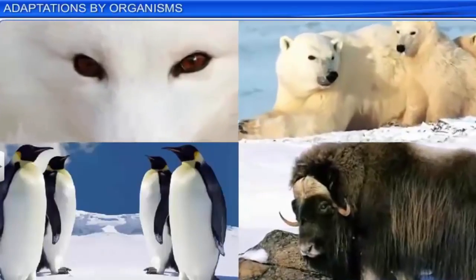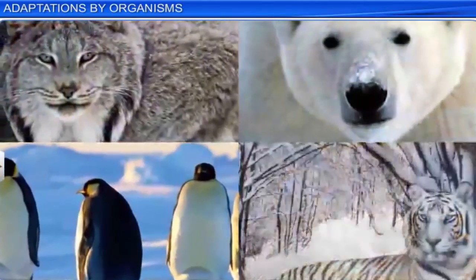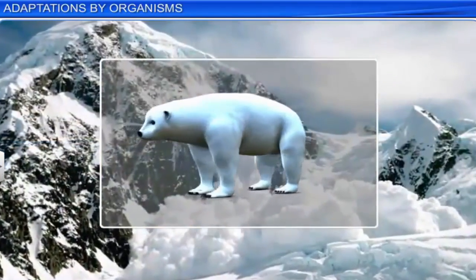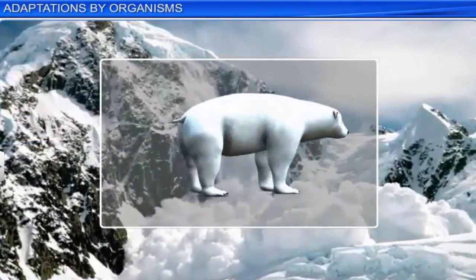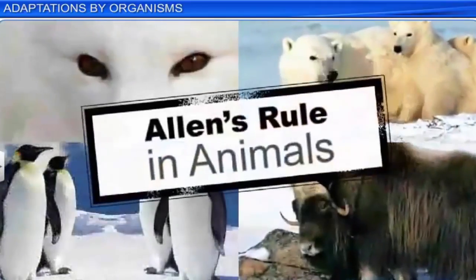For instance, mammals from colder climates generally have shorter tails, limbs and ears, which help reduce loss of heat. This adaptation is called Allen's rule.